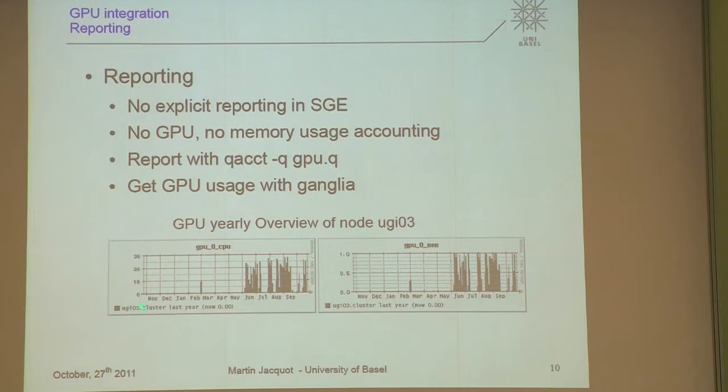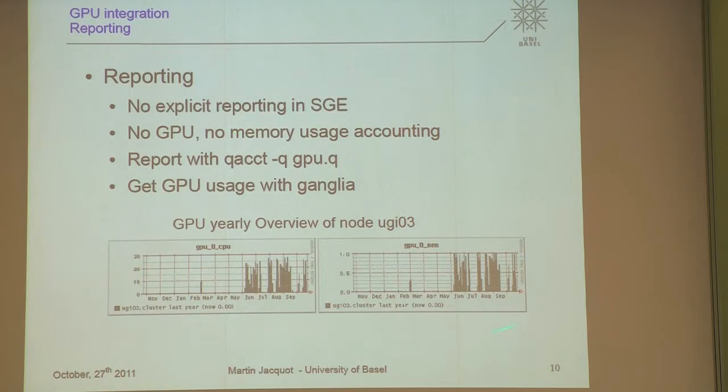And here we see immediately that before, we hadn't the possibility because we had the old version of the driver and we could not get any statistics. But we can see we had a short peak here, then for 3 months nothing was going on, and now the people are coming and calculating on the GPUs.